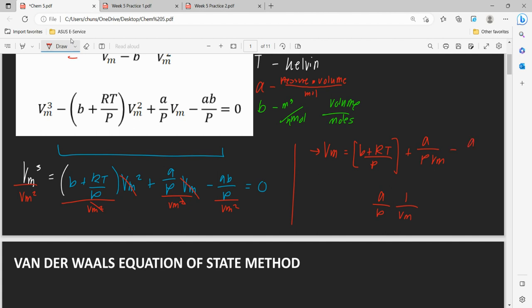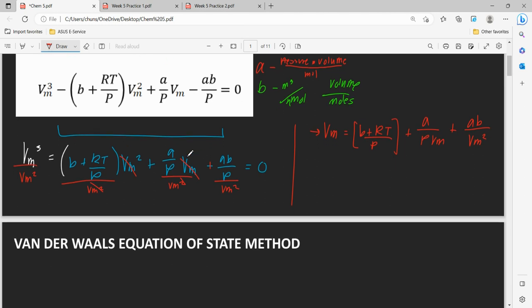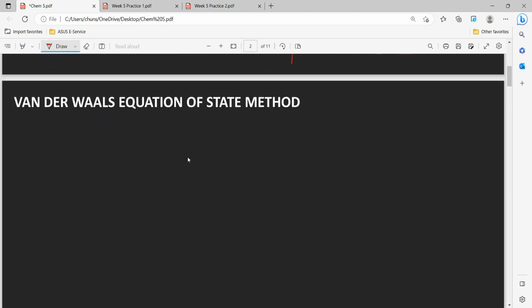And this is minus AB. Oh, sorry, this is meant to be plus. Sorry, plus AB over P Vm squared. Okay, and you're going to see that this equation is going to be used a lot when we are using our equation of state to calculate values of molar volume.